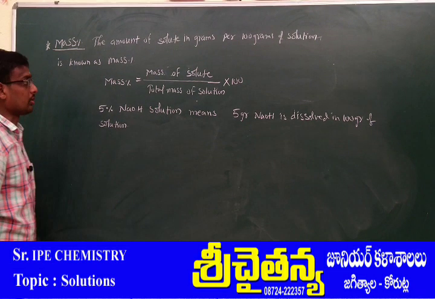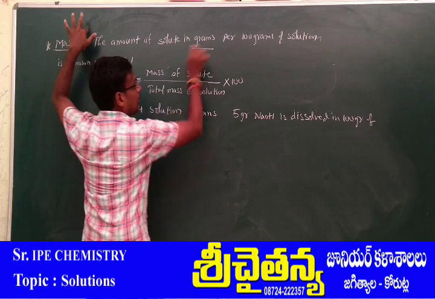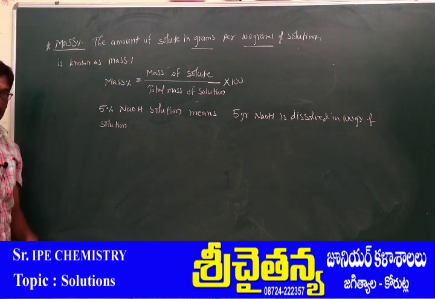Is it clear? The amount of solute in grams per 100 grams of solution is known as mass percentage.